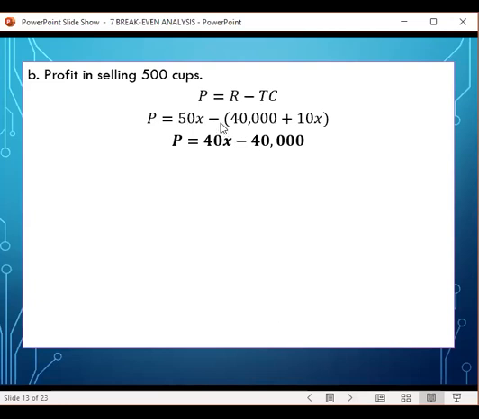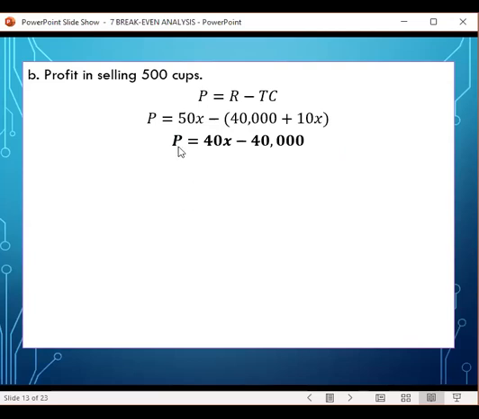So negative, positive, so that would be negative 10x. So meaning 50 minus 10x, you get 40x. And this minus 40,000. That's the profit.